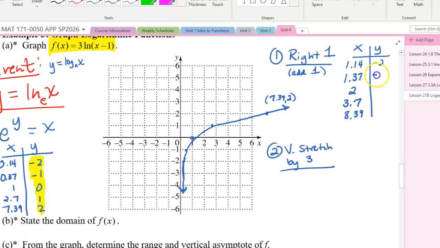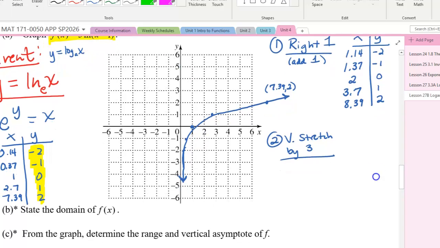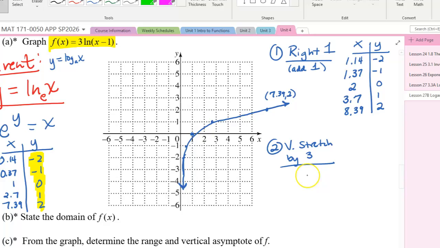Then I'm just going to rewrite my y values. So the next transformation I see is the 3 outside. Since it's outside and not inside with x, that is vertical. Vertical transformations do what you would think, so a 3 is going to stretch it since it's being multiplied times the natural log. So that means I'm going to take my y values and multiply by 3.